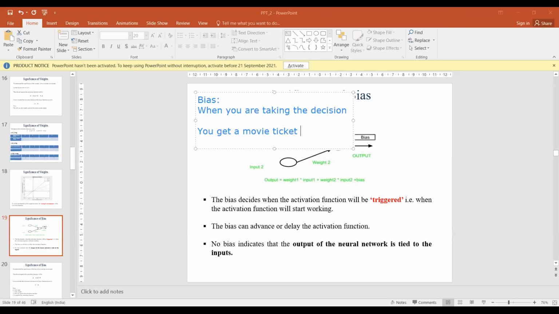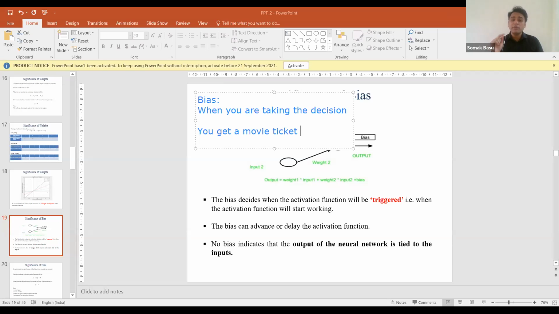Maybe you'll take a little time to decide whether you want to go and watch the movie or not. If the movie seems to be very important to you, you're really interested in the movie, maybe you'll go. But what I mean to say here is maybe you won't take the decision suddenly. Maybe you'll take the decision a little later. You'll think about what to do, and after that, you'll take the decision. So there's something called bias.